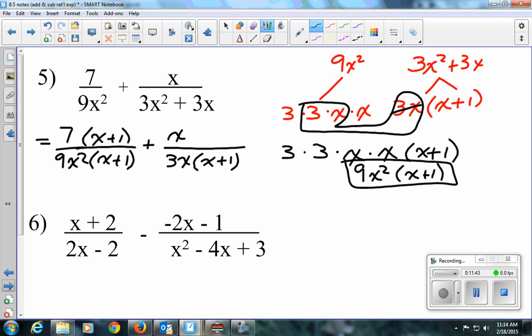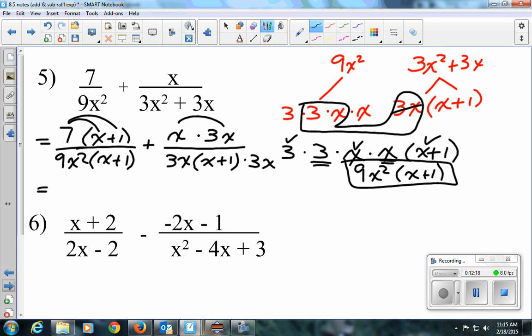So I've got this one, I've got this one, I've got this one. So I've got to get this one and this one. Okay? So I've multiplied by 3x on the top and the bottom. Okay, I now have a common denominator. Now, before I can add these, I'm going to have to distribute, multiply out the top in order to be able to add them. The bottom, I want you to leave it factored. Don't FOIL that part out.